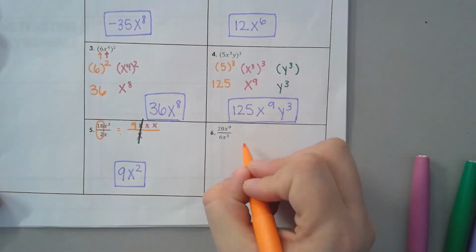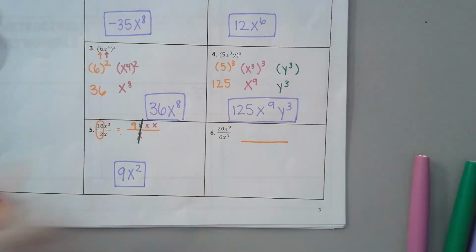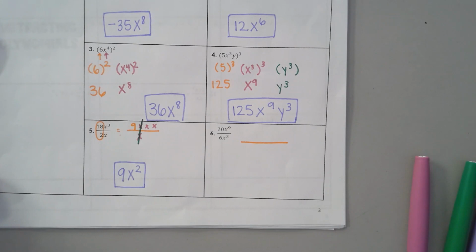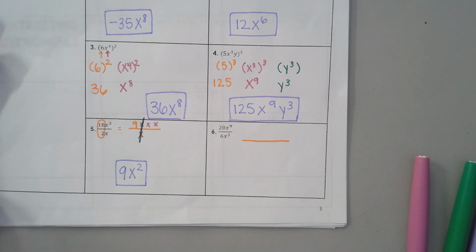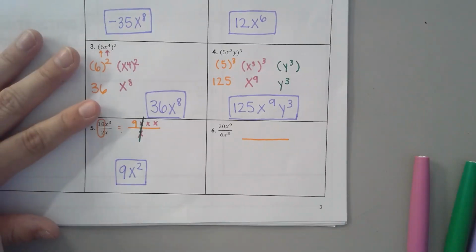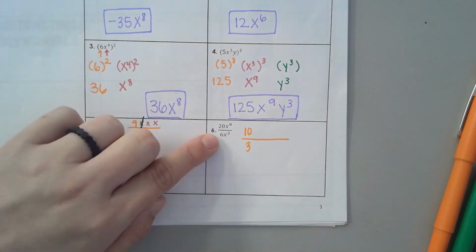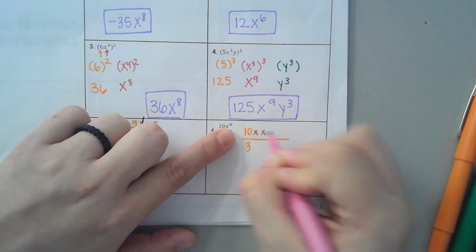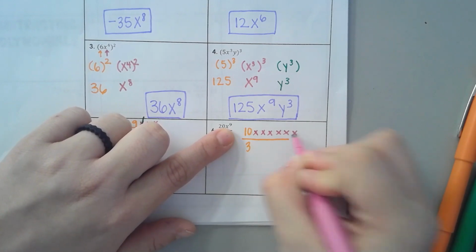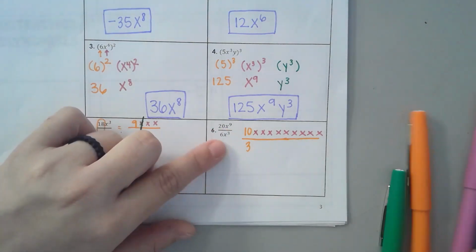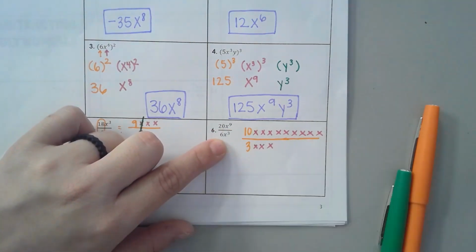So let's do number 6 this way. 20 over 6. When you divide 20 by 6, do you get a whole number? No. So convert that to a fraction. It's 10 over 3. Good. And then we have x to the 9th, that's 1, 2, 3, 4, 5, 6, 7, 8, 9, and x to the 3rd, 1, 2, 3.